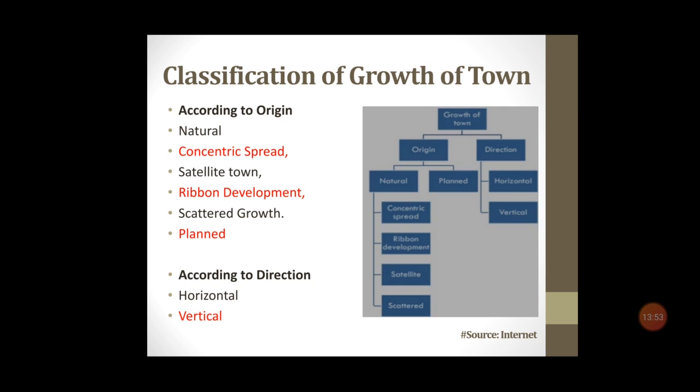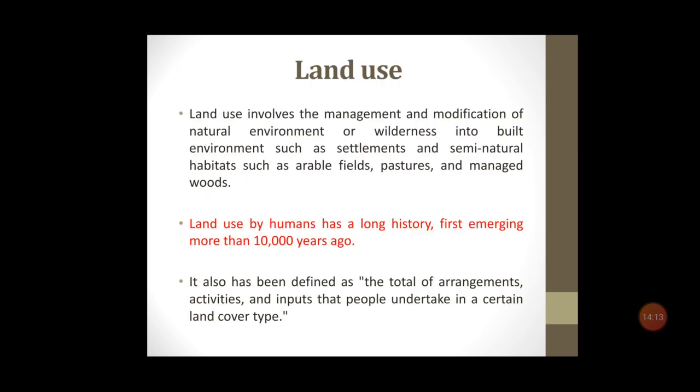And according to the direction, horizontal and vertical. Horizontal means the spread is going on the land, and the land use has been taking place. And vertical rise means high-rise buildings are being constructed or developed in a particular region. So these are the classification of the growth of a town.